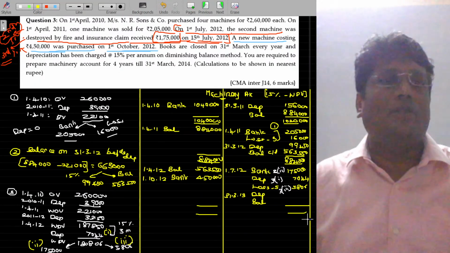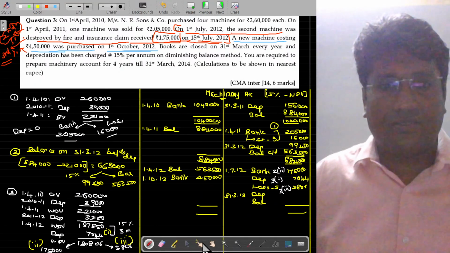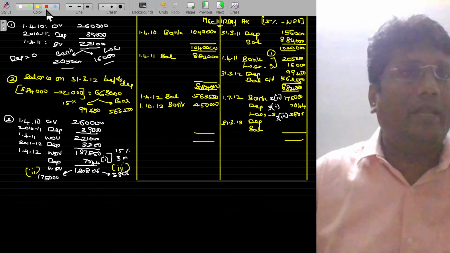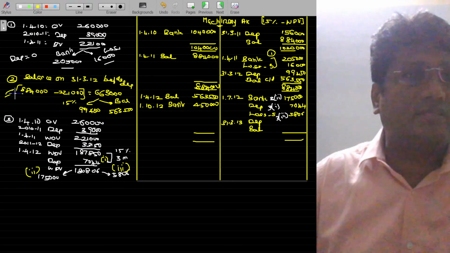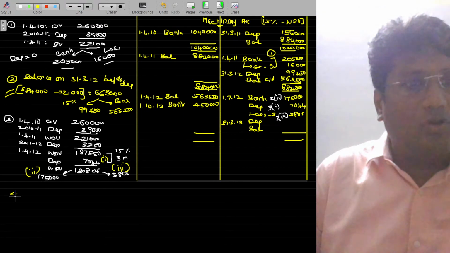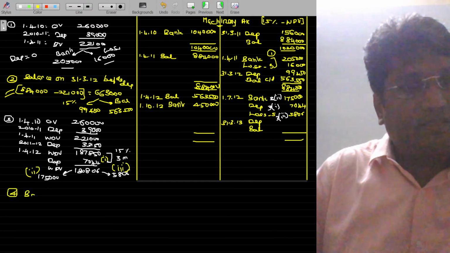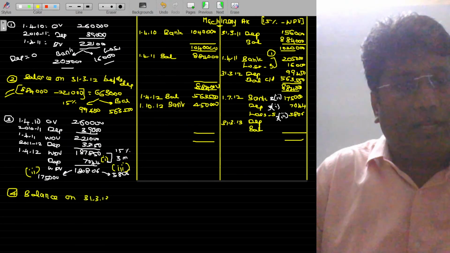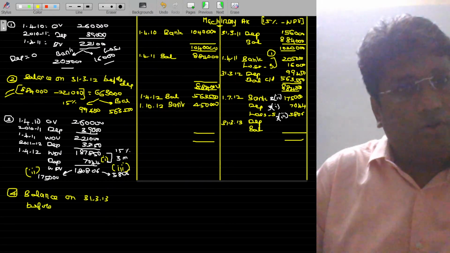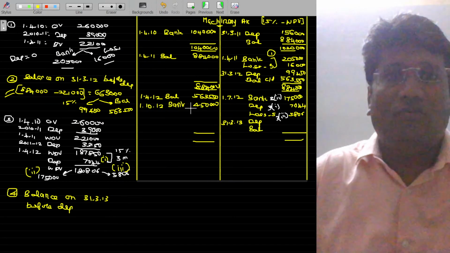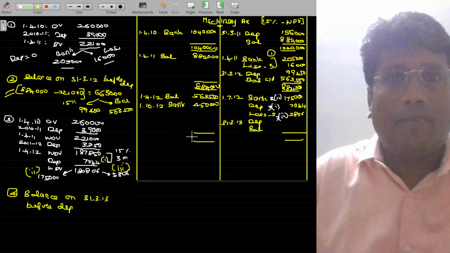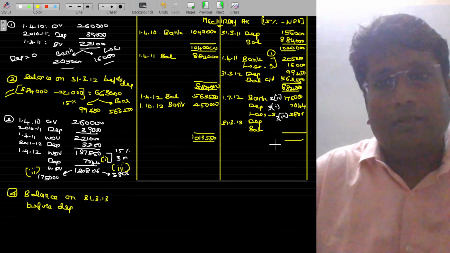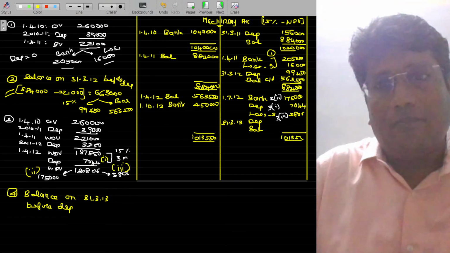Is that okay? How do I get this? Okay. Already we worked out here the calculation of balances and depreciation. The same way, 4th working note I am going to prepare. Balance of the assets on 31/3/2013 before what? Before depreciation. How much is that? 5,63,550 plus 4 lakhs 50, 10 lakhs 13,550.